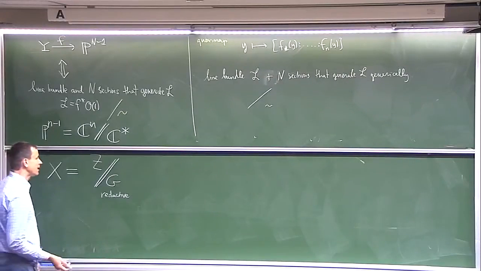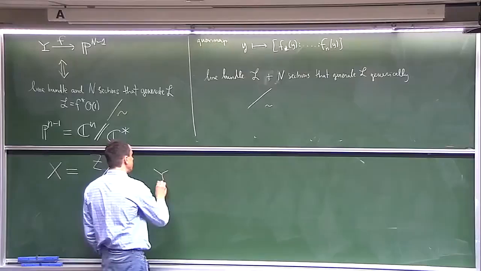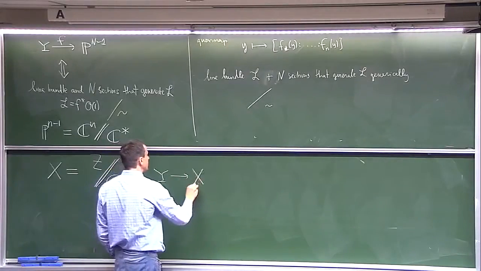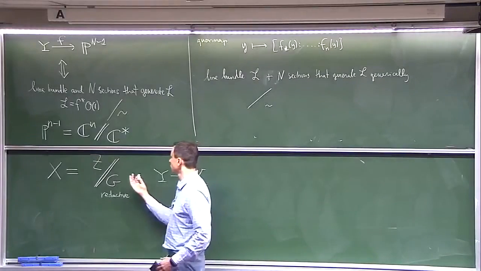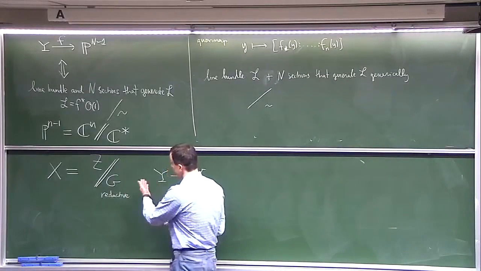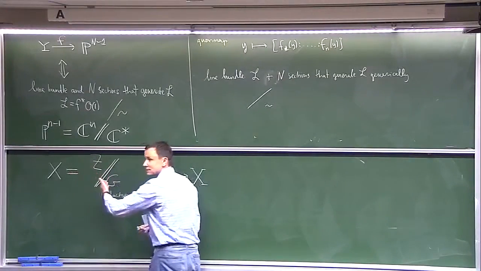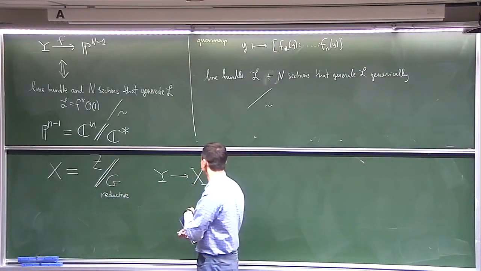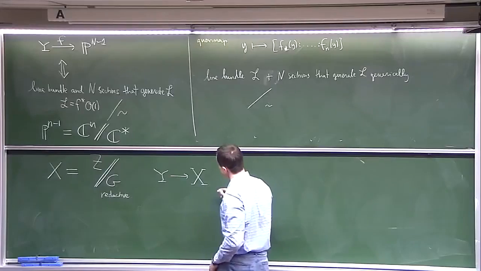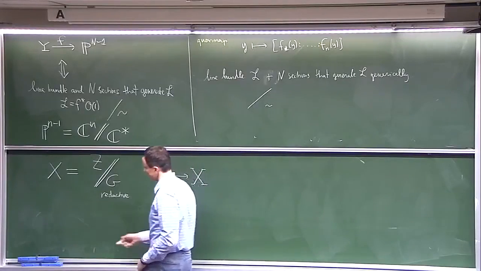Then a quasi-map from some variety Y into X is the data that you would have pulled back from X if you had an actual map. So this is the data of the following. So these are quasi-maps.